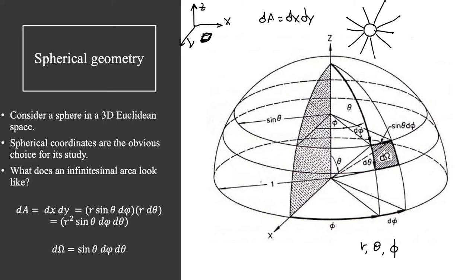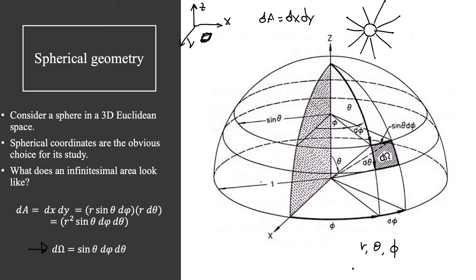If you do all the transformations, you get the result that d omega equals sine of theta, which is the elevation from the horizon, the latitude, times d theta times d phi, the width of this circle. Theta goes from 0 at the zenith to pi at the south pole. When you're looking up, it's 0.